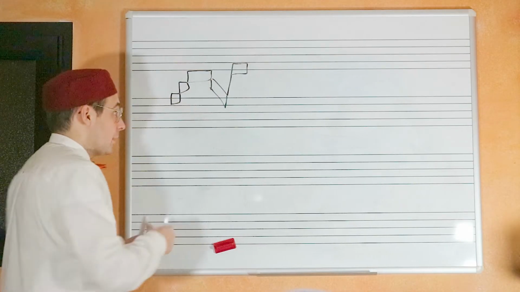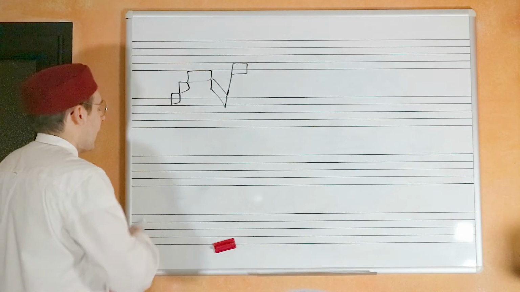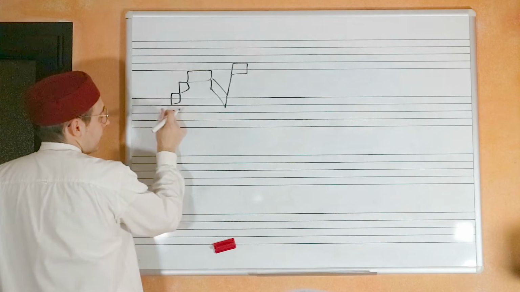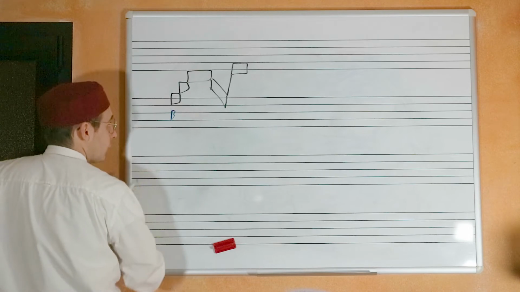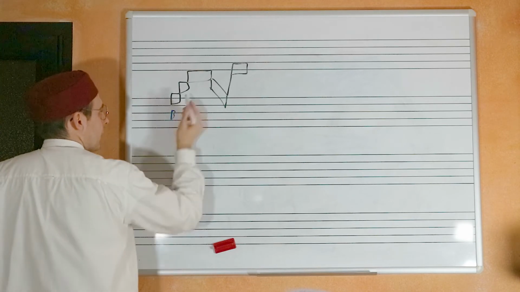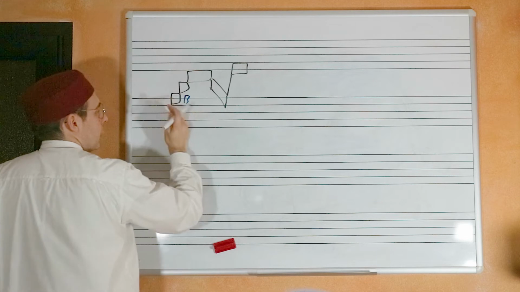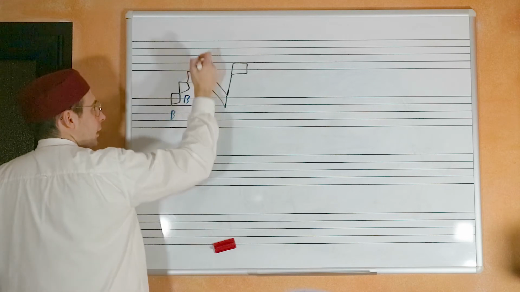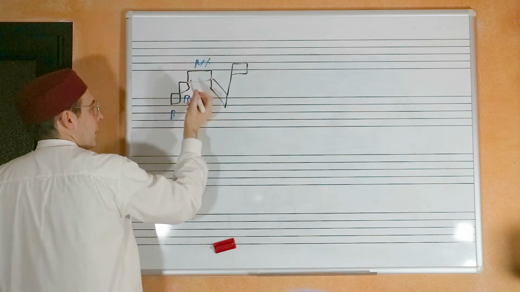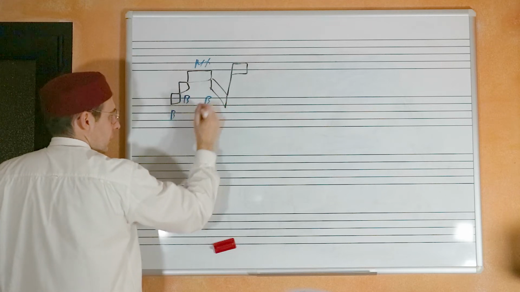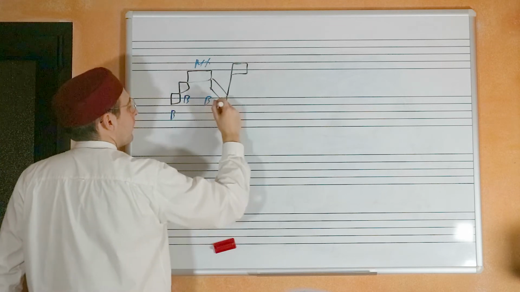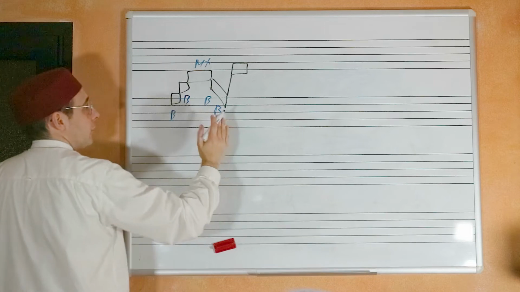Now let's see this ligature. As you can see, I have brevis because this note goes in an ascending direction. The second note is brevis because it is a middle note. This other note is a maxima because of its form, brevis because it is a middle note, brevis because it is a middle note.